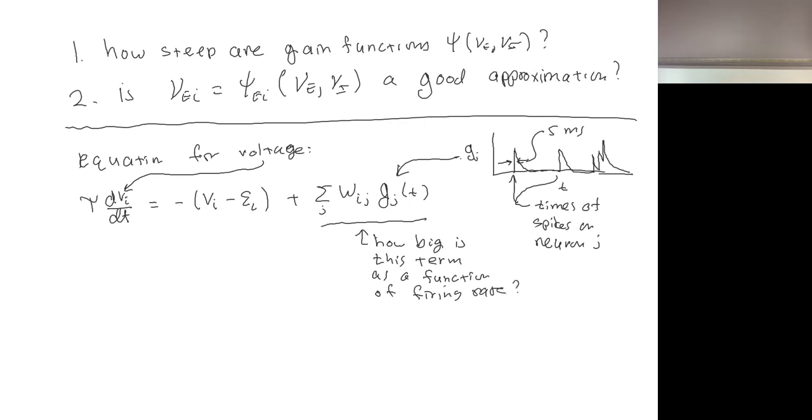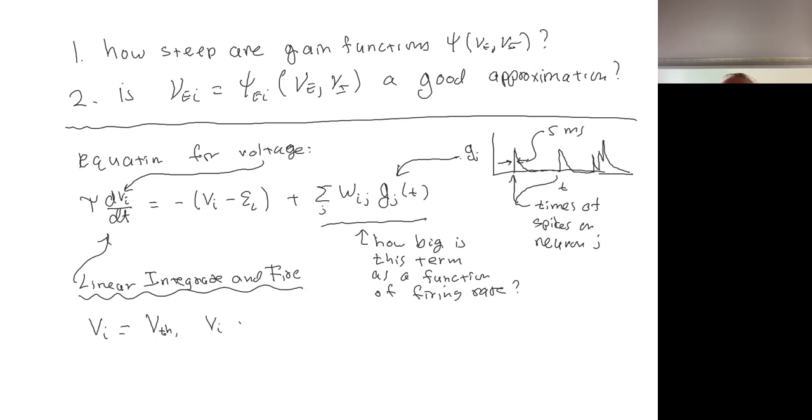Okay. So remember what we said is this is a linear integrating fire neuron. So the bigger this term is, the faster this neuron fires. So remember this is an LIF neuron, linear integrating fire. Which means when Vi equals V threshold, Vi resets.